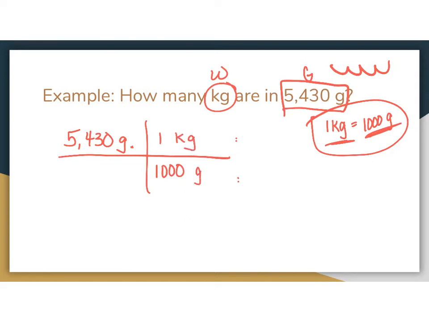All right, so if you remember when we first talked about significant figures, you guys learned about counting numbers or not defined numbers. And this would be an example, since it's a conversion factor, it would be an example of one of those not measured precisely numbers.